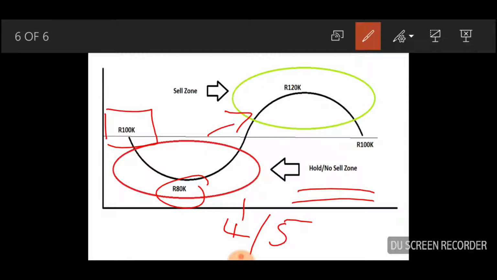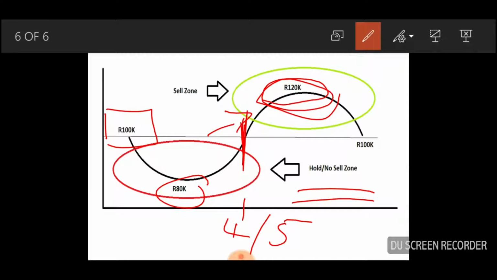So you also have, on the other side, an investment where if we start here with 100,000 Rand, it could go up to 120,000 Rand quite quickly. And then a lot of the time you might think, oh, this is an amazing investment, I want to put in more money or I want to keep my money. But we need to be careful that we don't then buy in the sell zone because this, again, in inverted commas, is a good investment.